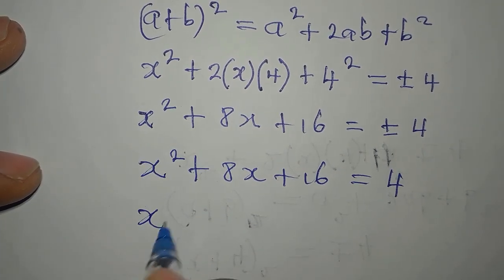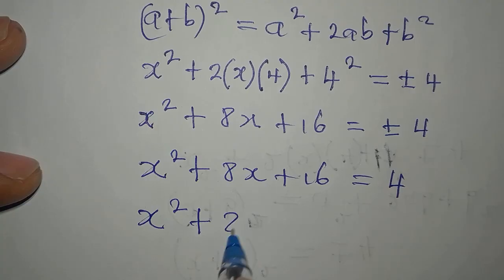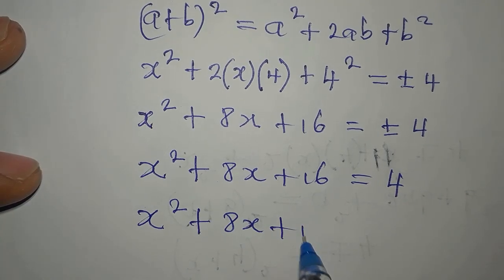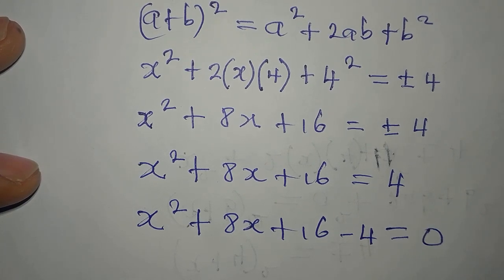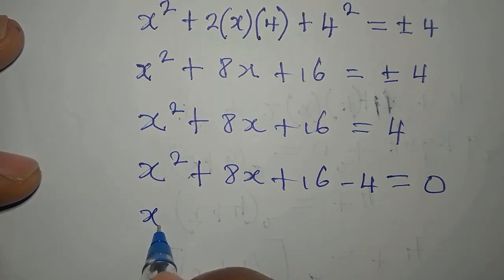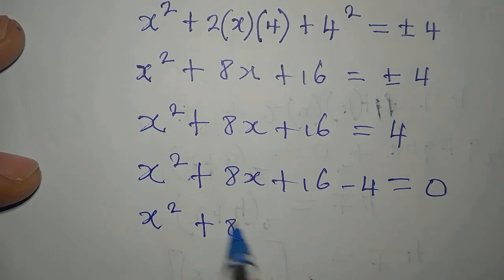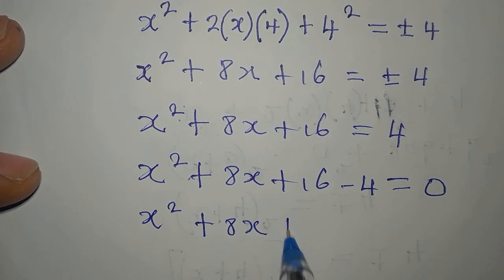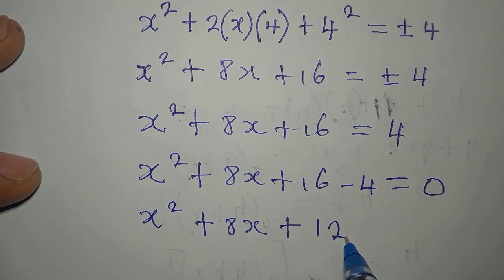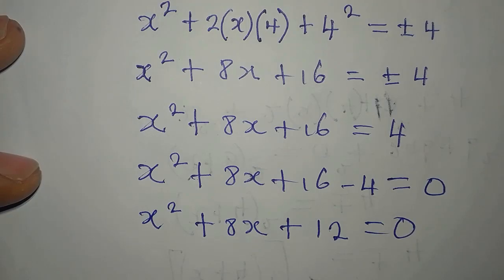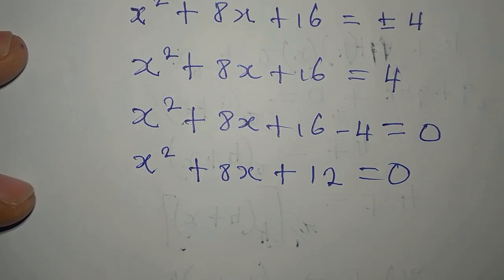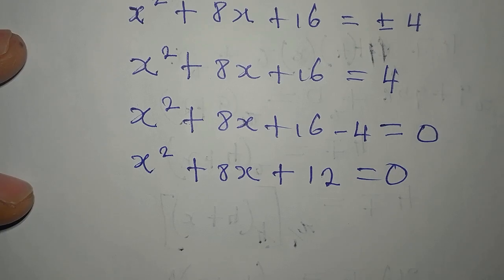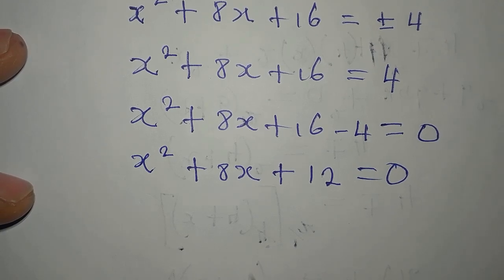Now this means that x squared plus 8x plus 16 minus 4 is equal to 0. x squared plus 8x plus 12 is equal to 0. And this is a quadratic equation. We are going to solve this using the formula method.